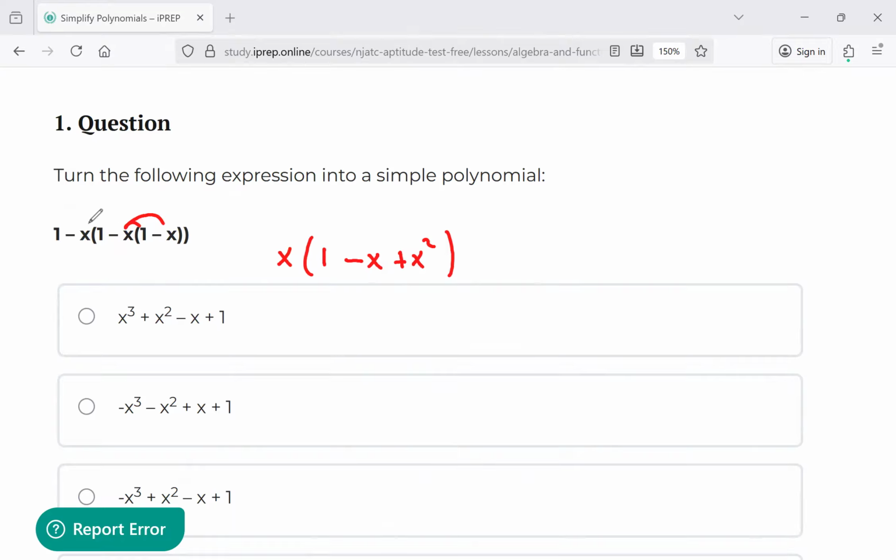So then go ahead and FOIL this x to everything. So x times 1 is x. X times negative x is negative x squared. X times x squared is x cubed. Then you have this extra 1. Put it all together, you have x cubed minus x squared plus x, and then this plus 1.